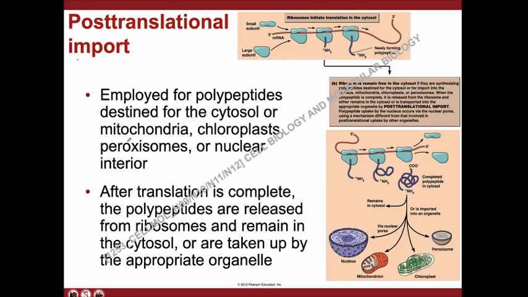So for this one, yung mga polypeptides that have been finished with the translation process, they are released from your ribosomes and they remain inside the cytosol, or they can be taken up by an appropriate organelle later on, like any of these ones, no, with the presence of your special targeting signals.